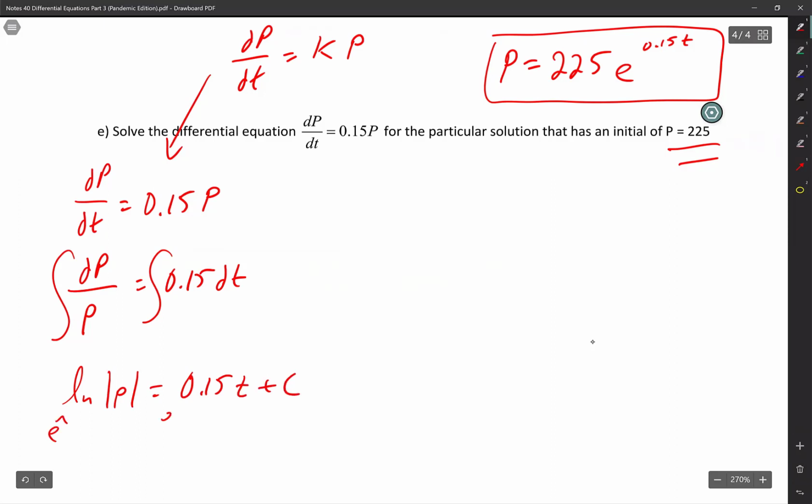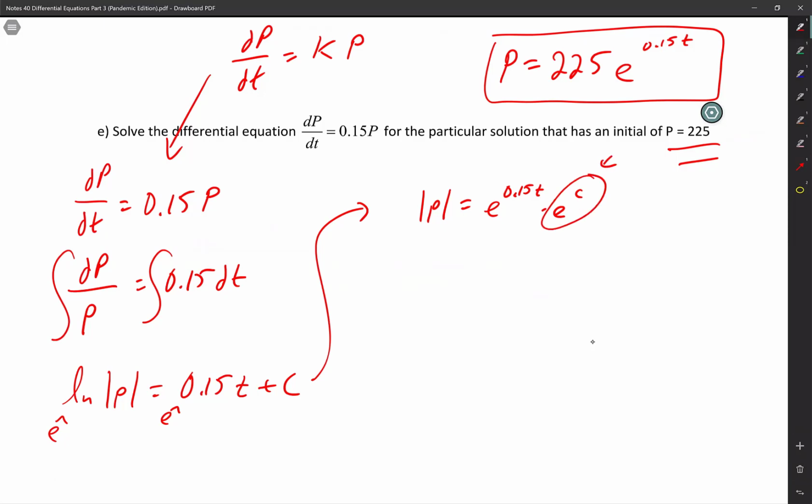e to the, and I'm going to write it over here. That is absolute value of p equals e to the 0.15t times e to the c, because remember that is just some constant. So we let the plus or minus be absorbed by the constant, c e to the 0.15t, and we know that at time 0, the amount I have is 225.